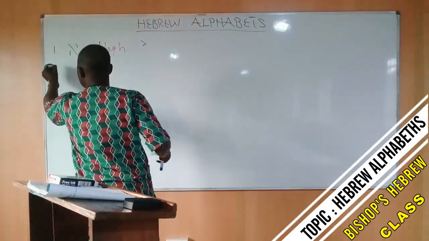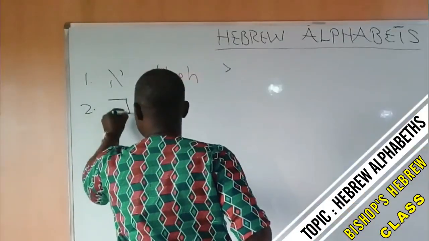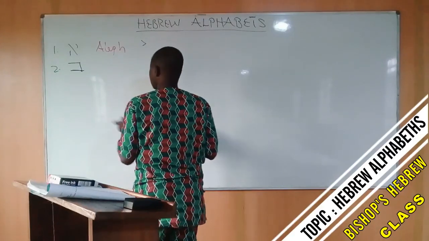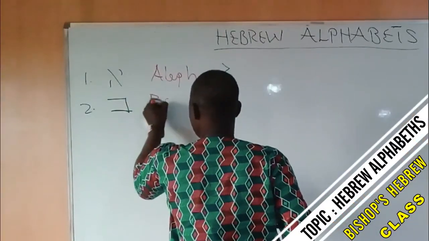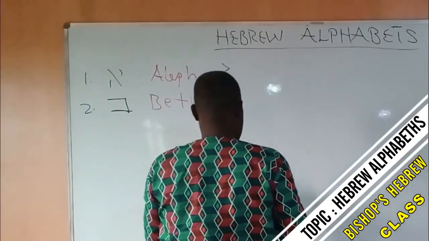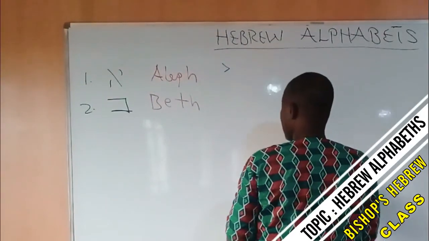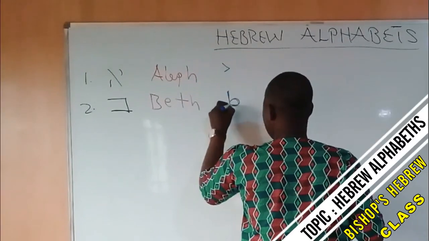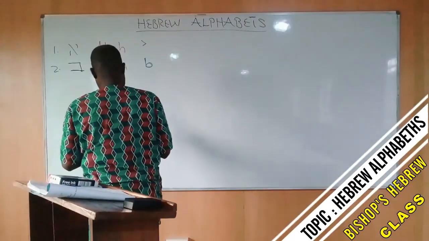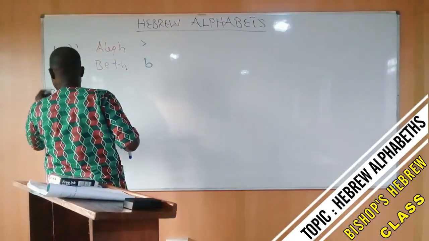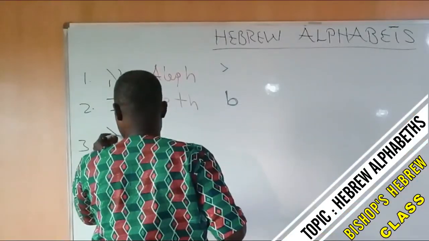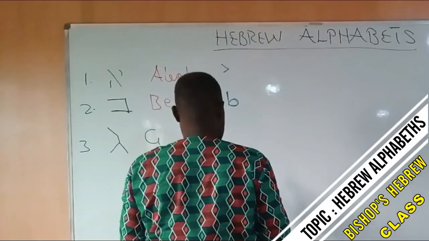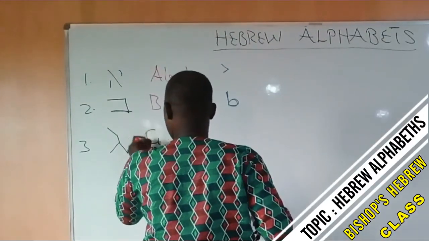The next one is Bet. And it's a B. The third one, Gimel.